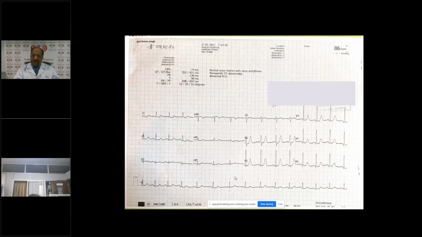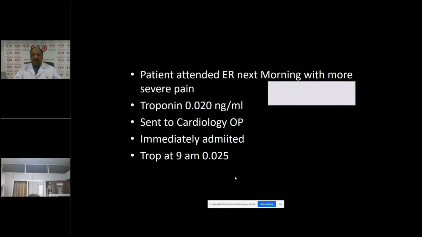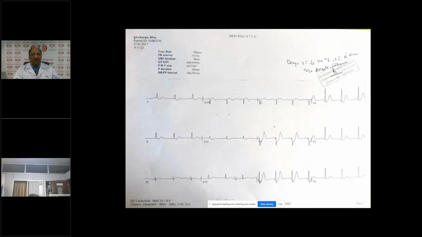But he mentioned that it is an abnormal ECG. But again, this was not very seriously taken. The patient was observed in the ER and troponin was sent. And a repeat ECG after half an hour showed this, and this was looking a little abnormal, and the patient was referred to the cardiologist.